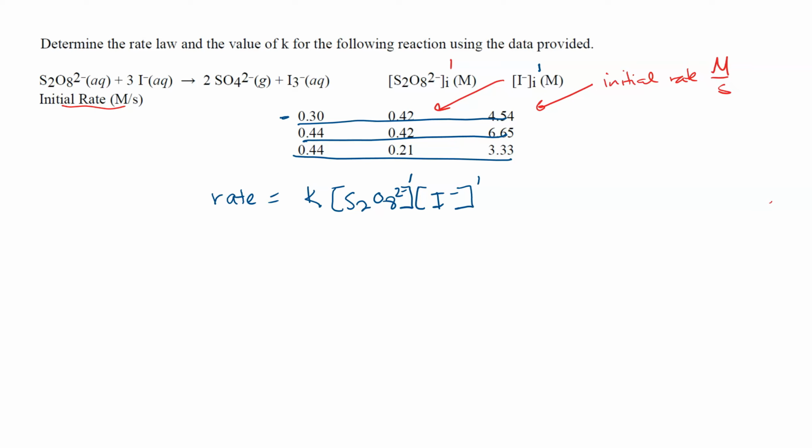So I'm going to solve for K and just say that K equals the initial rate over the initial concentration of S2O8 times the concentration of iodide. Sorry, acclimating to a tablet.